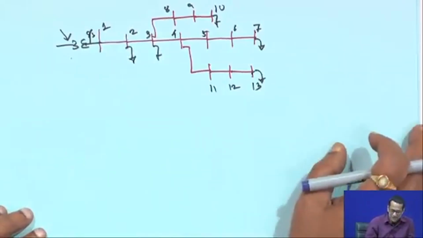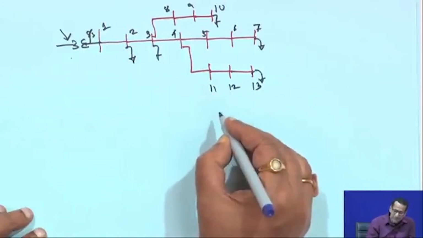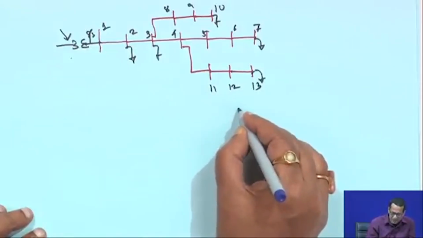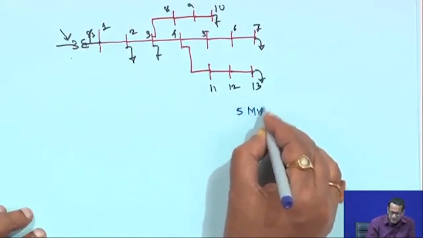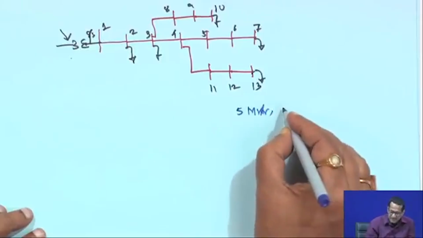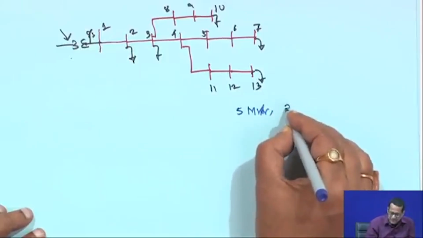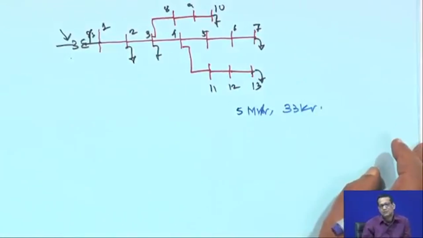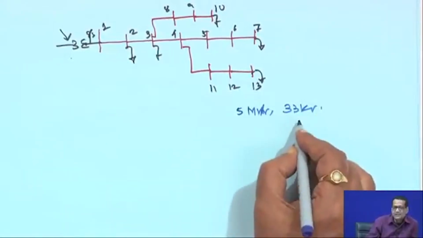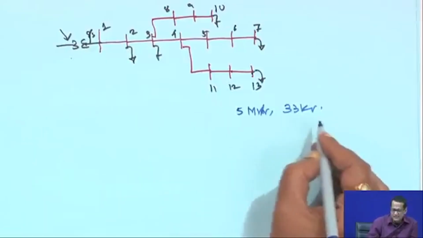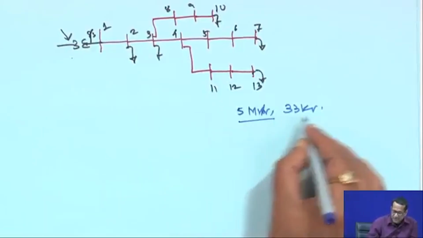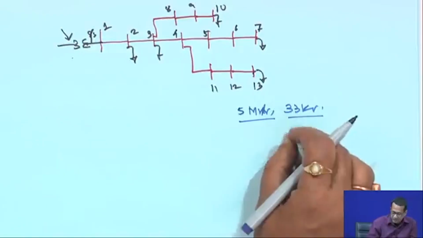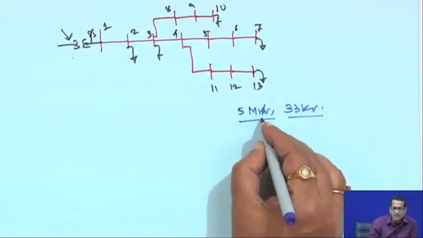constant. So suppose you are buying a capacitor, the manufacturer will give you, say, a 5 megavar capacitor, and they will specify a nominal voltage, say 33 kV. If I take 33 kV or 11 kV, whatsoever, it does not matter. Ultimately it gives megavar at a given kV, and if you convert it to per unit, 5 megavar will be there.